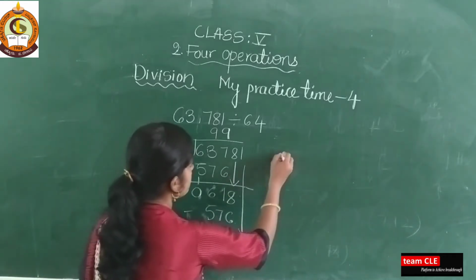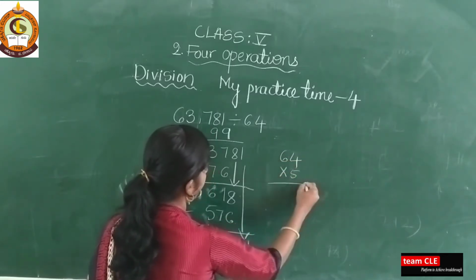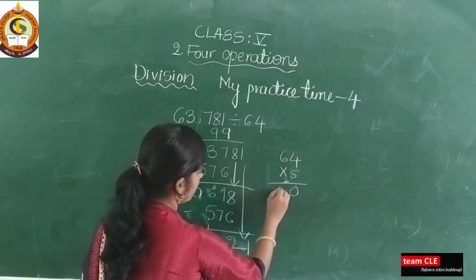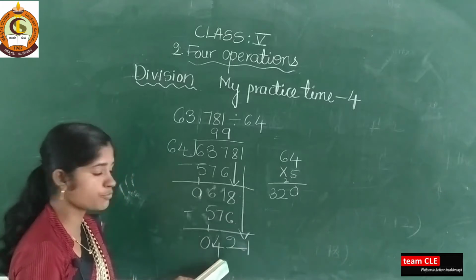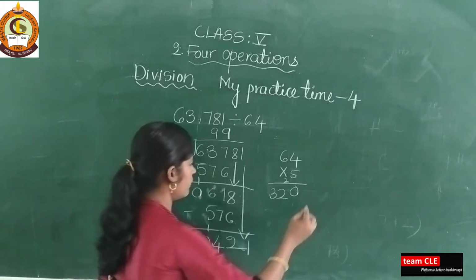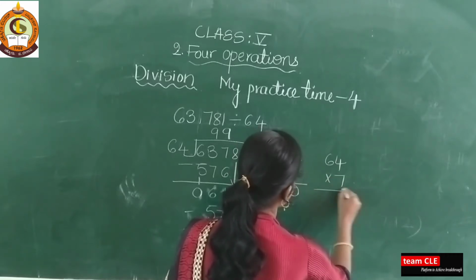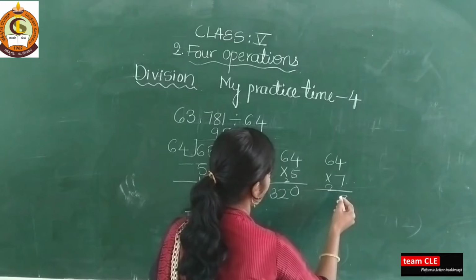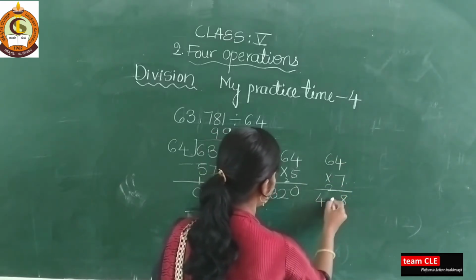Then see here, 64 fives are how much will come? 5 fours are 20, 5 sixes are 30, 30 plus 2 is 32. So I got a very small number compared to this 421. So I will take here 64 sevens. 7 fours are 28, 7 sixes are 42, 42 plus 2 is 44.